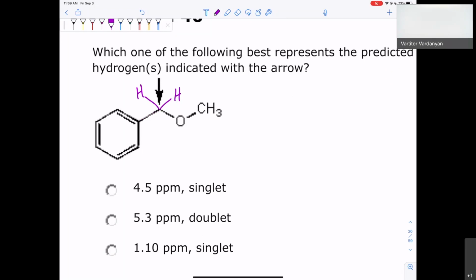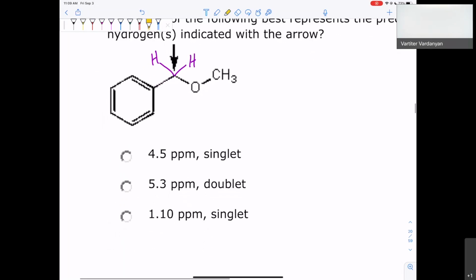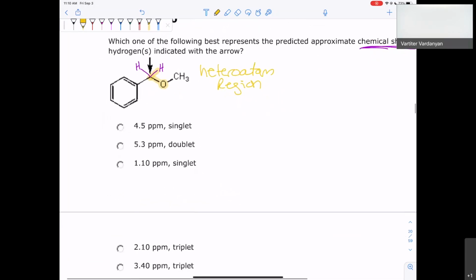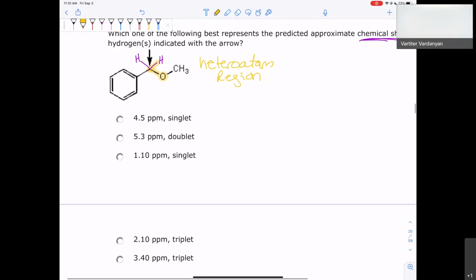The reason it's in the heteroatom region is because it's connected to a carbon, and that carbon is connected to an oxygen. So we're going to say heteroatom region. And we talked about the specifics of that region. As Luke said, oxygen is around a 4. If we're on a carbon, then an oxygen, is it going to be higher than 4 or lower than 4?